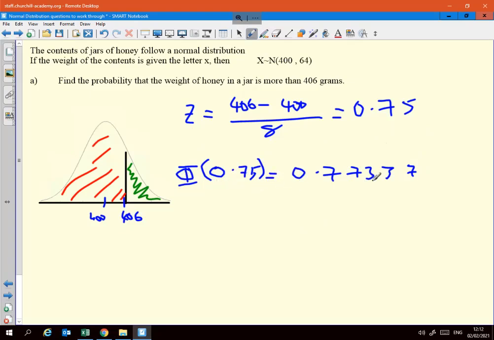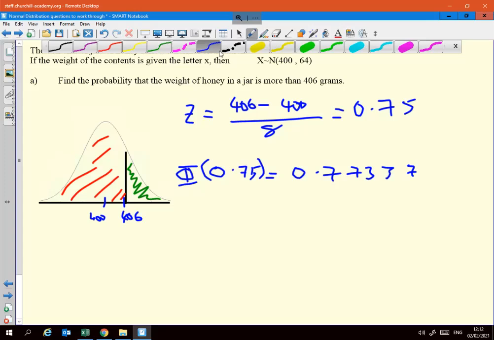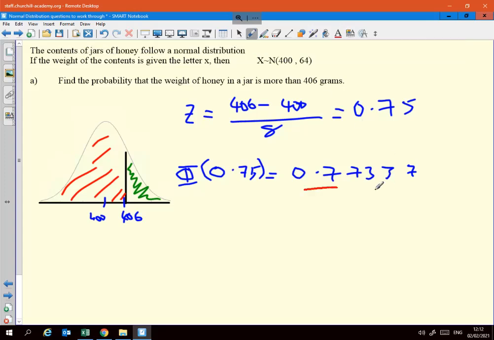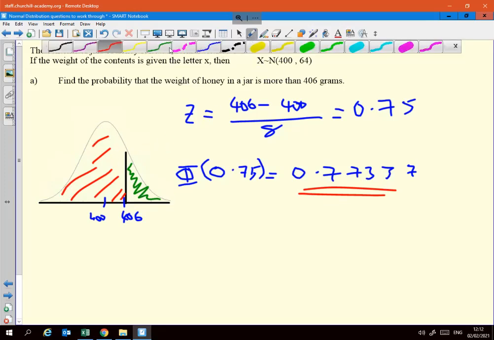So looking that up in the table, 0.77337, but that's the red part. That's the red part here. And that's not the bit I want, the green bit. So the other useful thing is that the full area under this curve comes to a total of 1. So the green part that I want is done by doing 1 take off the red part.